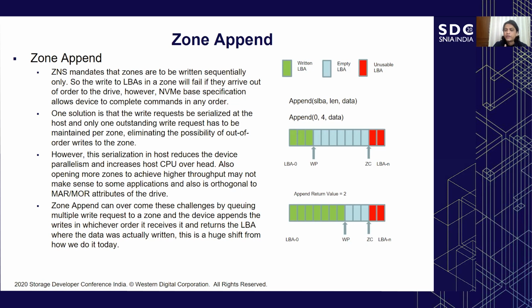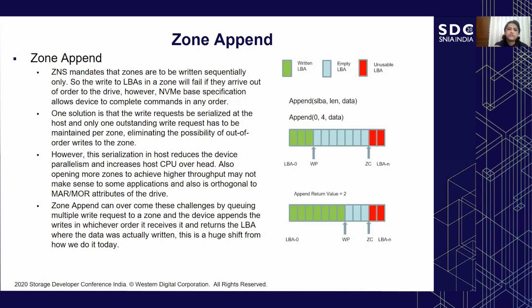Another problem is that the NVMe specification has these attributes called MAR and MOR, which define the maximum active resources and maximum open resources. They tell what is the maximum number of zones that can be opened at any given point of time in the drive, because maintaining open zones has a tax in the drive, and it has a certain amount of resources.